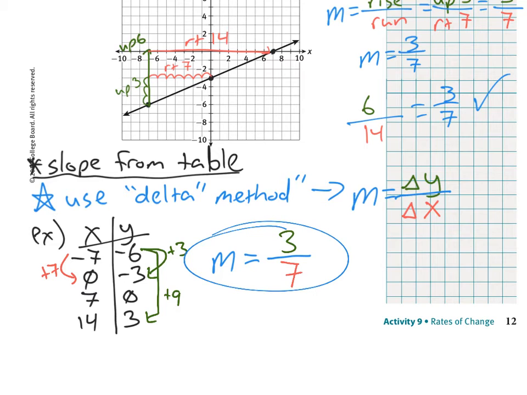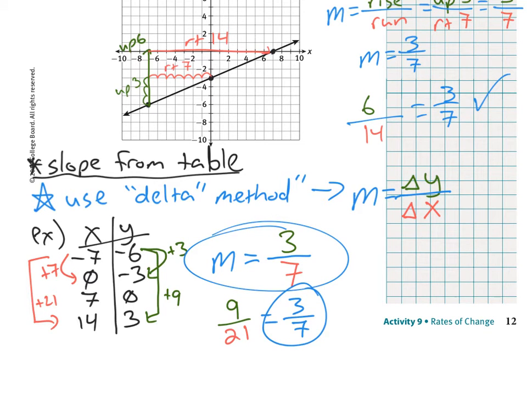So my ratio would be 9 on top. And then how would I get from -7 to +14? What'd you say? Plus 21. 9 over 21. What's 9 over 21 reduced to? 3 over 7. So it doesn't matter where you choose, as long as you reduce in the end, you'll still get your correct slope.